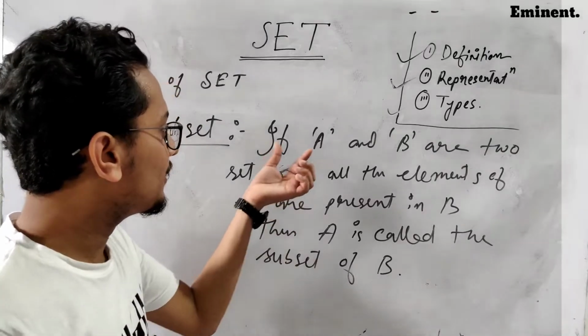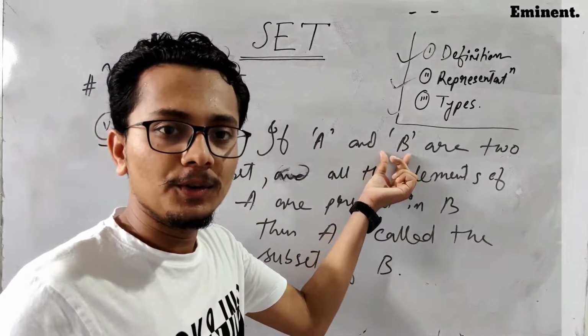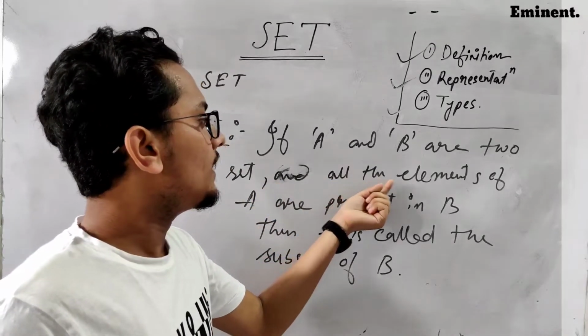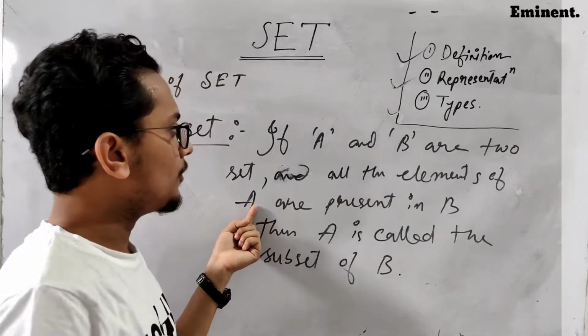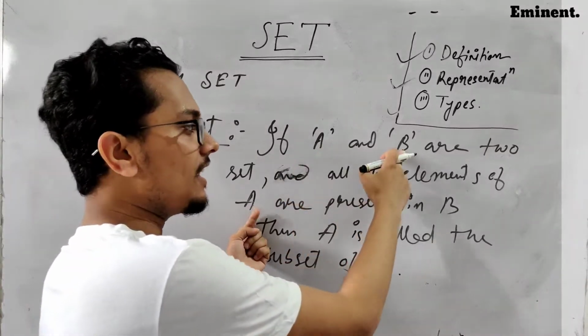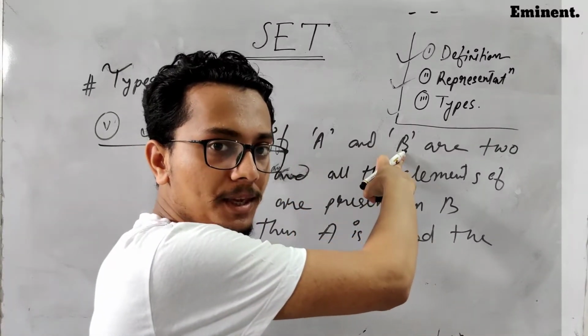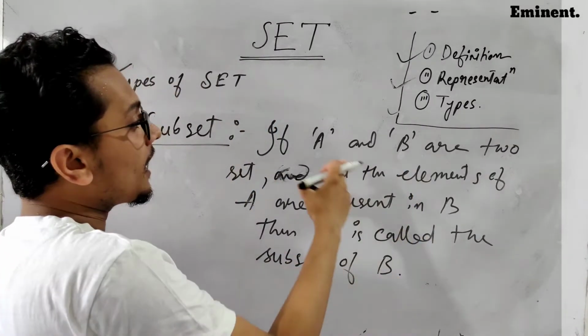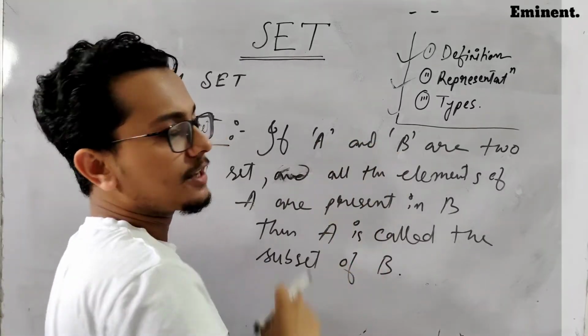If A and B are two sets and all the elements of A are present in B, then at that time you can write that A is a subset of B.